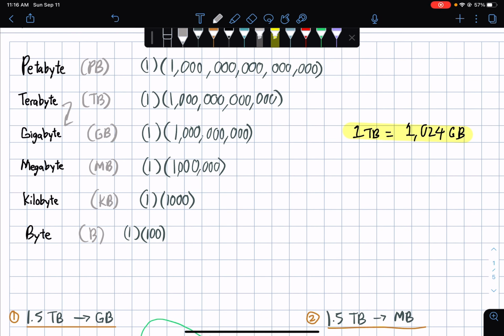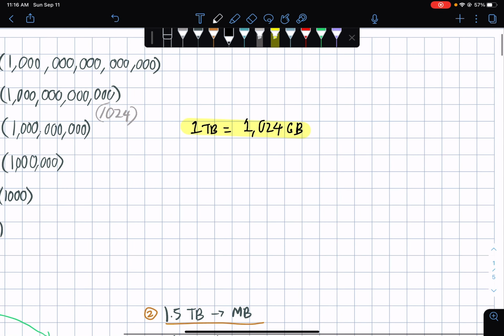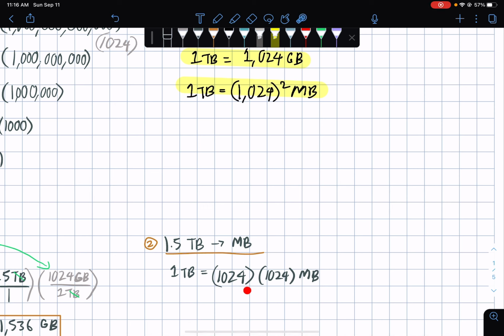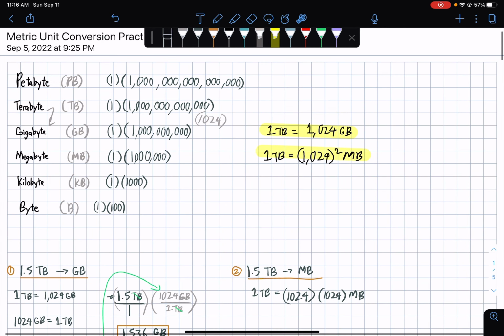From terabyte, I think the interval is 1024, since this is also something that you have to know. 1 TB is equal to 1024 raised to 2 MB. This is literally the same as 1024 times 1024. It is also, in other words, 1024 raised to 2.